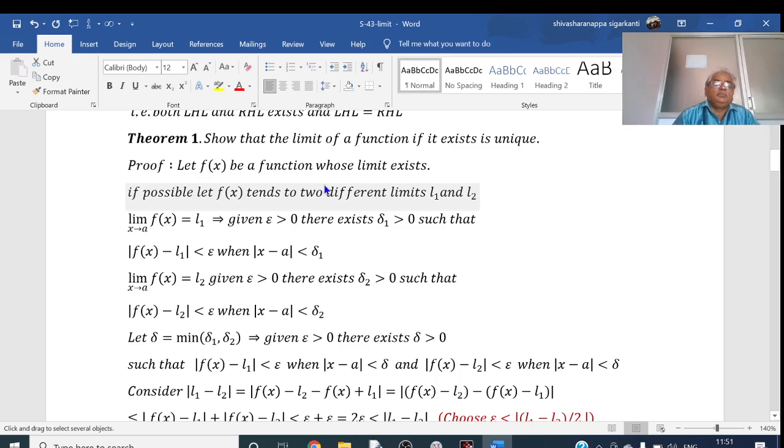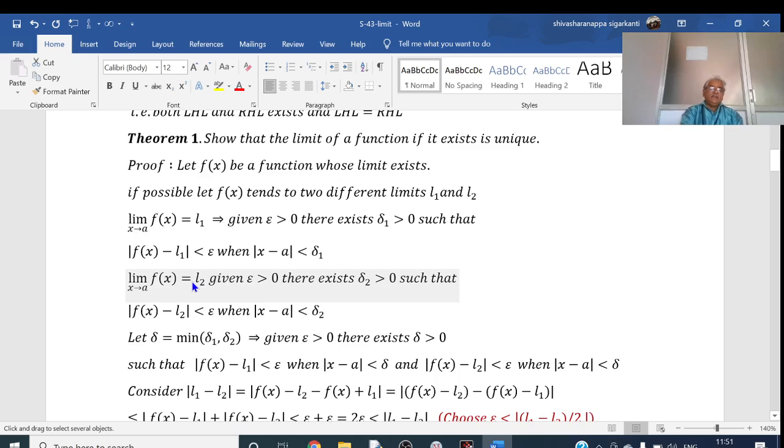Now, limit of f of x equal to L1 means, by the definition, given epsilon greater than 0, there exists some delta 1 greater than 0, such that mod of f of x minus L1 is less than epsilon when mod of x minus a is less than delta 1. Again, it is given that limit of f of x is equal to L2 also.